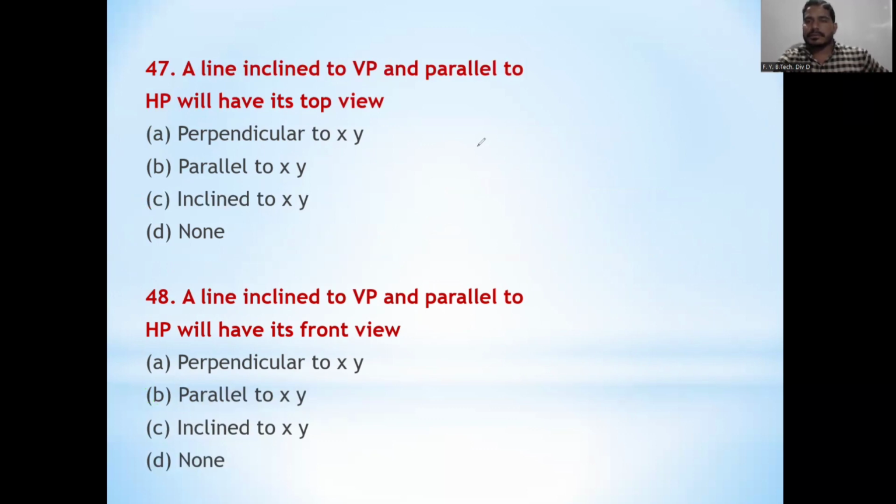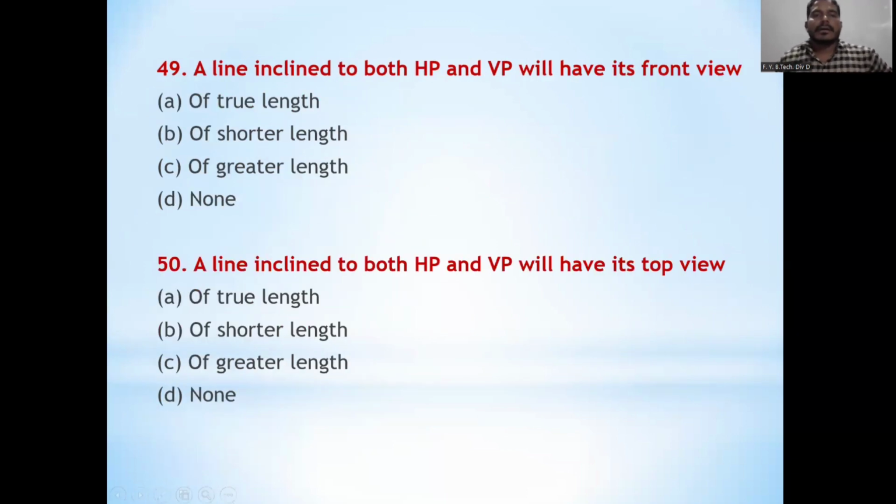Okay, so next, a line inclined to both HP and VP will have its front view. So we'll just draw here. Let's suppose this is the reference axis.